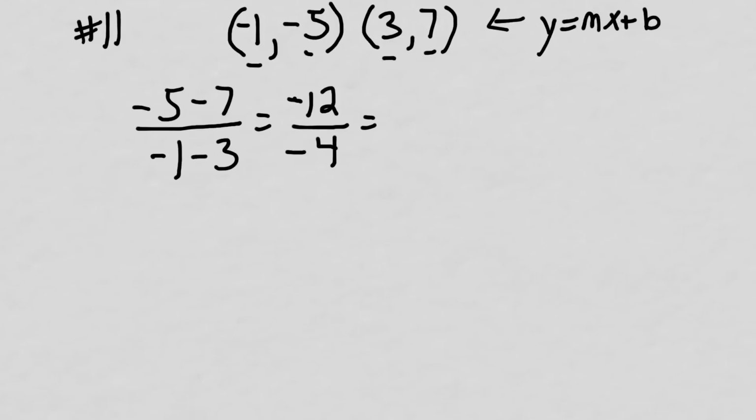So negative divided by a negative is going to be positive. Both of these, 12 and 4, we'll divide by 4. 12 divided by 4 is 3, and 4 divided by 4 is 1. 3 divided by 1 equals 3. So the slope equals 3.